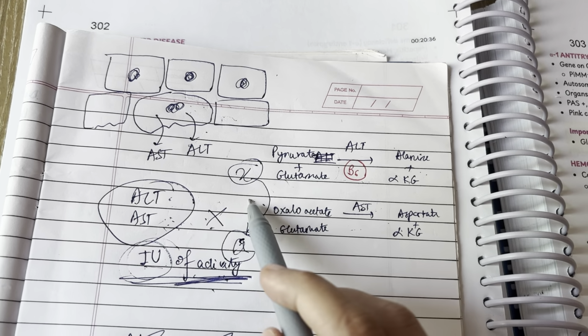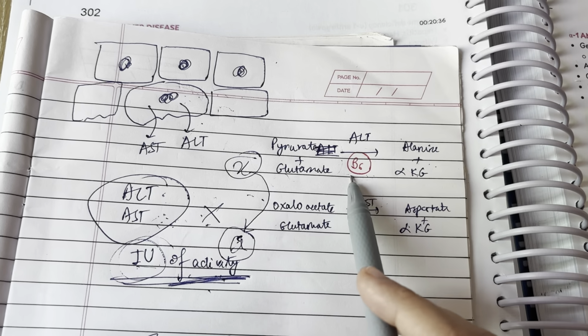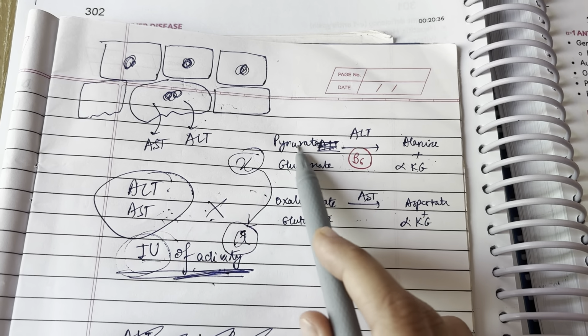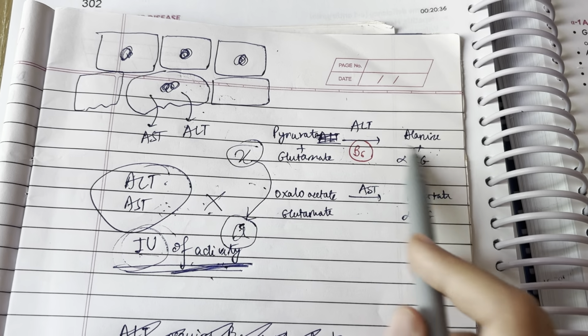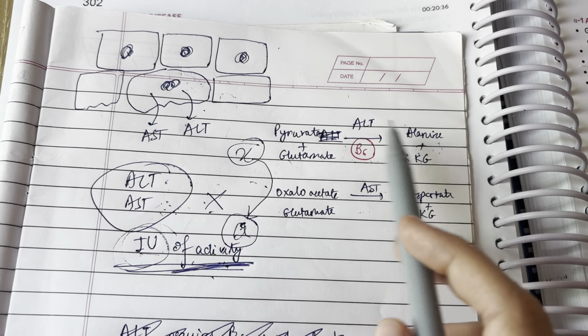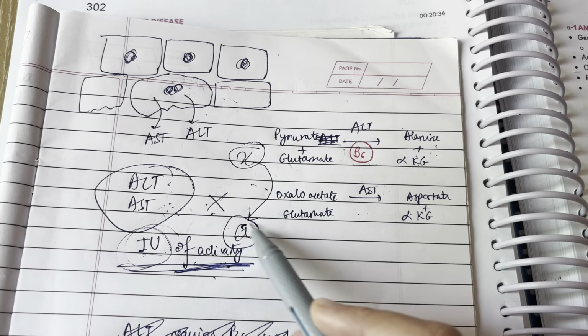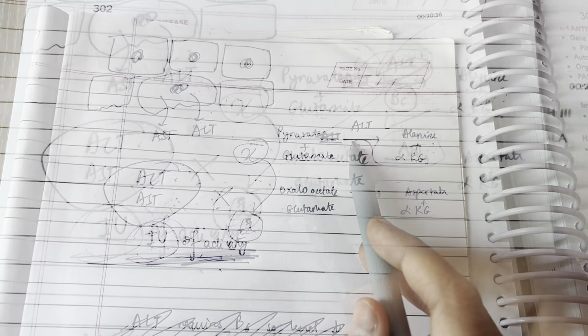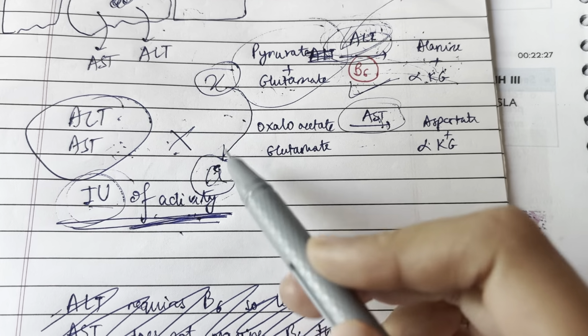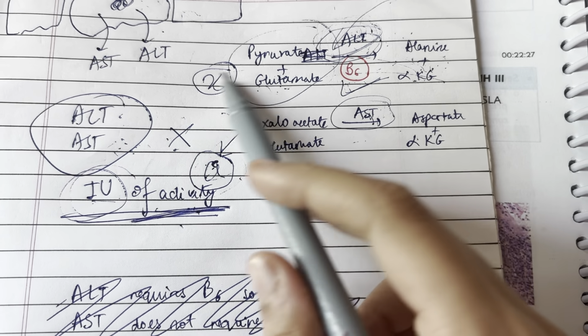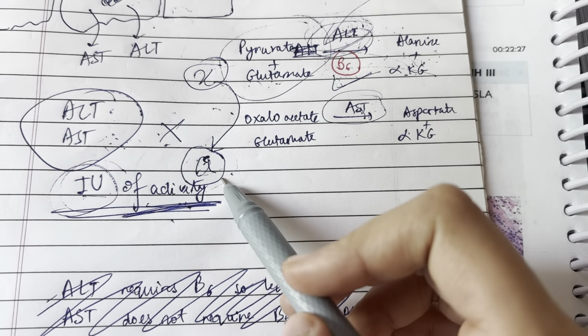So it doesn't actually measure the physical mass, but it measures the activity of the enzyme, the speed of the reaction happening, and that is how you imply the amount present. Because simple: the amount of the enzyme is directly proportional to the speed of the reaction. The more the amount, the more the speed of reaction.